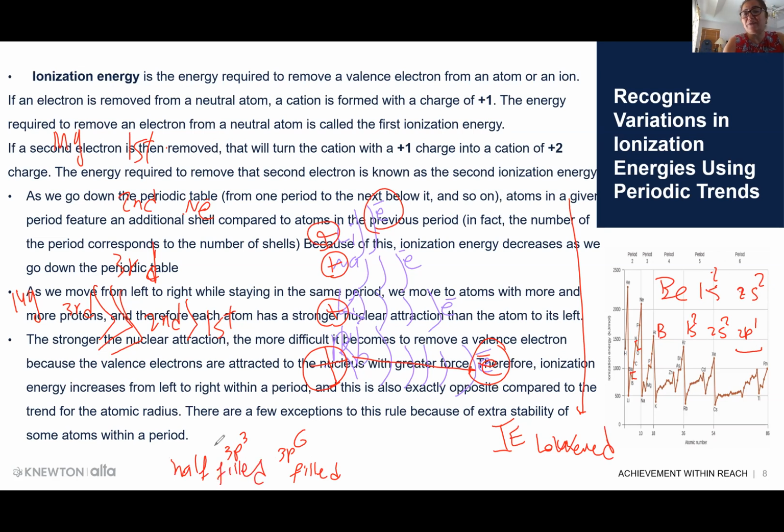Half filled is semi-stable, but filled is very stable. Removing an electron from filled and half filled is harder than from unfilled, so anything in between is going to be unfilled. For a d orbital, if you have 5 electrons in the d orbitals at each level, that's half filled. If you have 3 electrons in the p orbital, that's half filled.